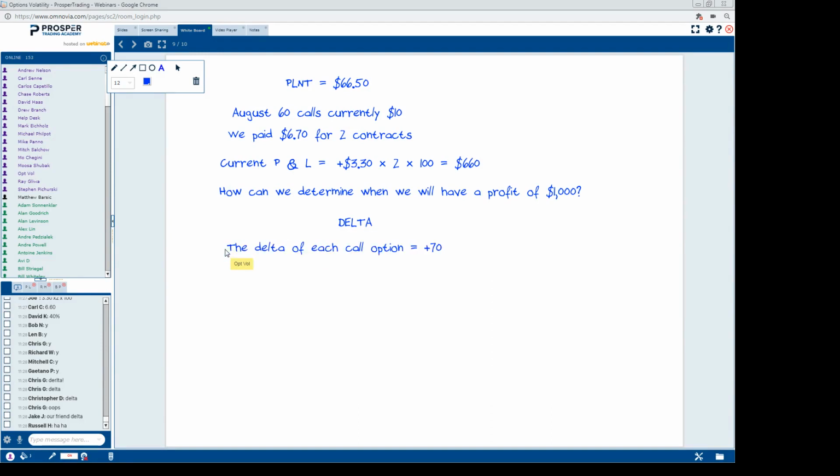Okay, I know how to do this. I can put the math up on the screen. How do we back into figuring out at what stock price now we're going to realize a profit of $1,000?